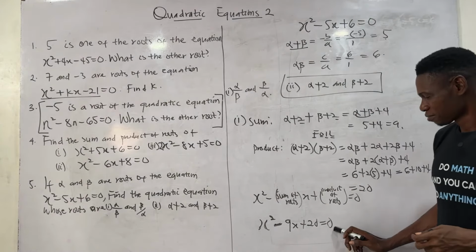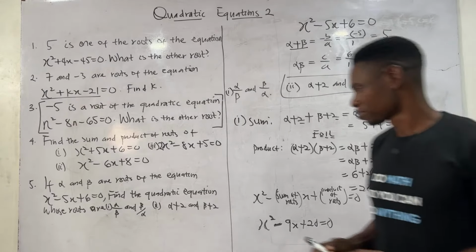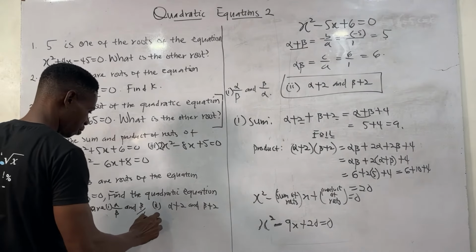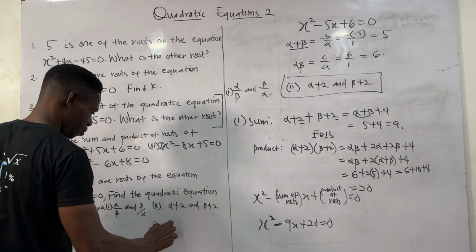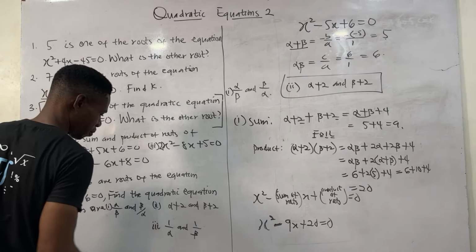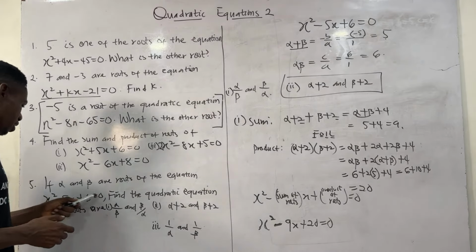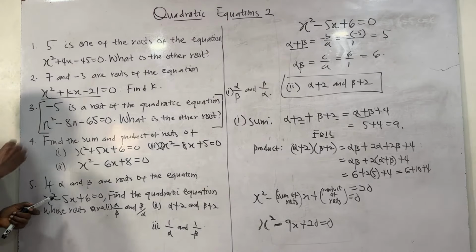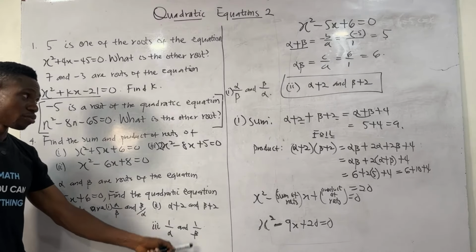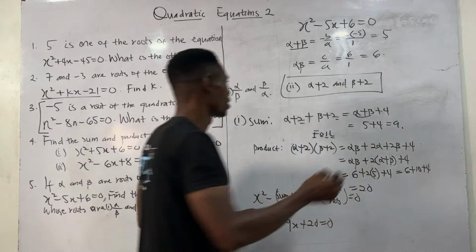Now I want to give you one last one to do. So find a new equation from this equation, but the roots of that new equation are 1 over alpha and 1 over beta. So you are solving number 3 now.